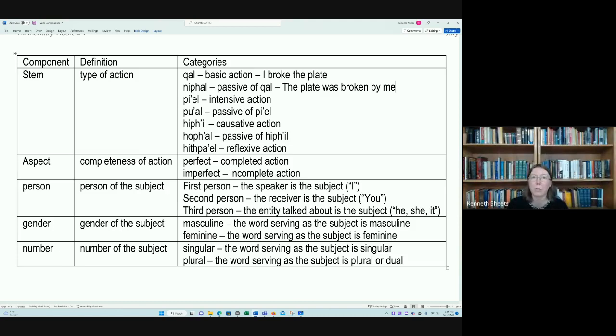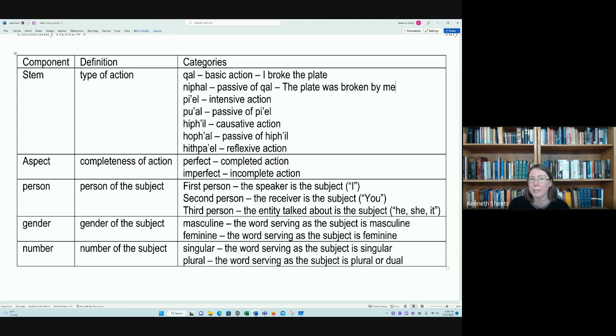I can also intensify an action by causing it to occur. And so thus as well, say I break the plate. But if that's an accidental breaking, then it's not going to be as intense an action as if I deliberately threw the plate down and broke it. And so that causation, that deliberateness would intensify the action.